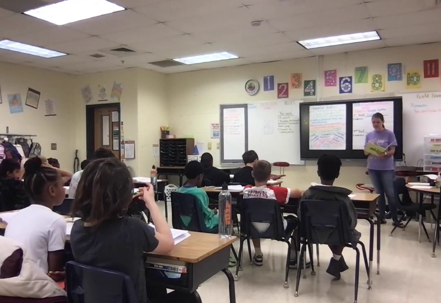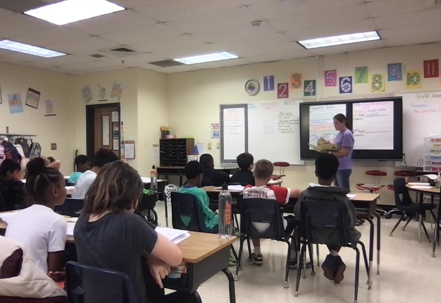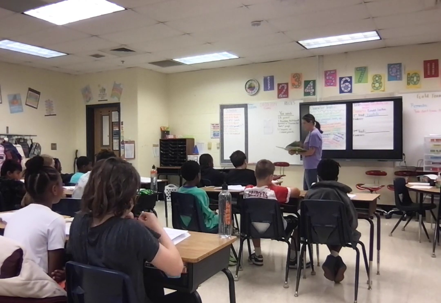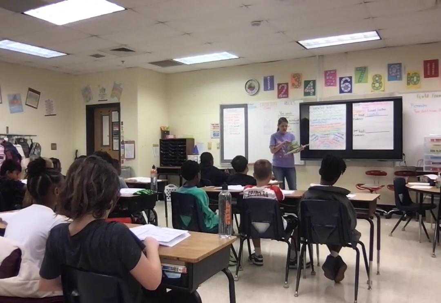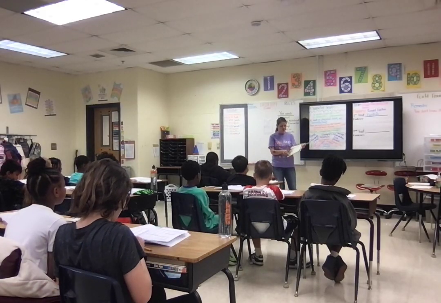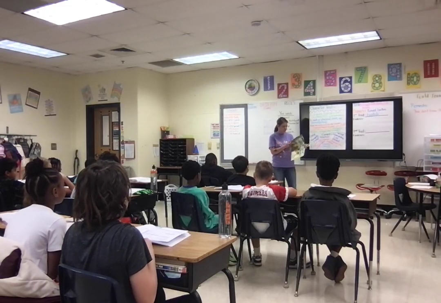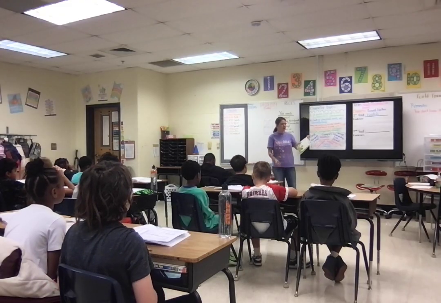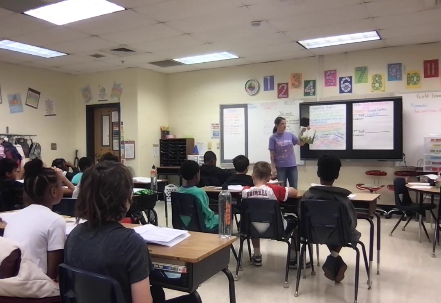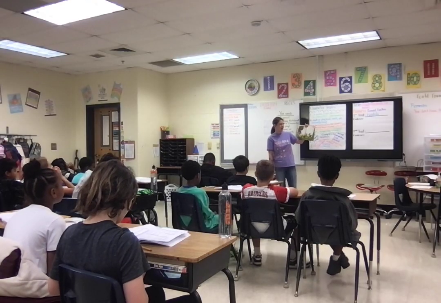So we need an example from the book of how Ronald Durkin was foolish. So I'm looking in my book, and I told you that multiple times in the book it said that he was foolish. Let's see. Here's an example. On the first day of school, Ronald Durkin called her Shrimpo in gym class.